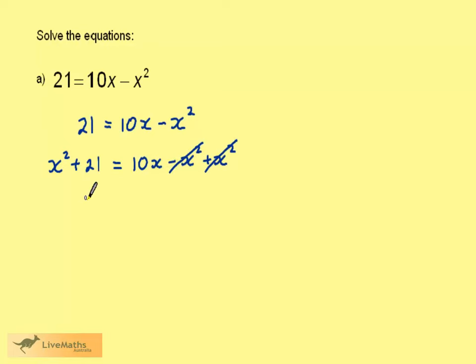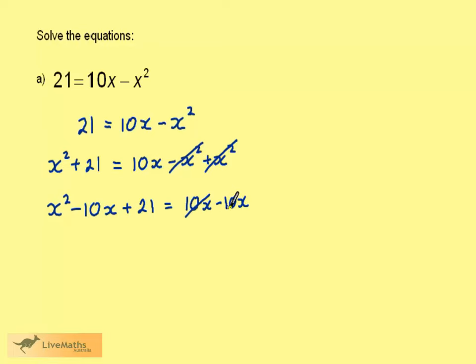Now subtracting 10x from both sides gives x squared take away 10x plus 21 is 10x take away 10x.